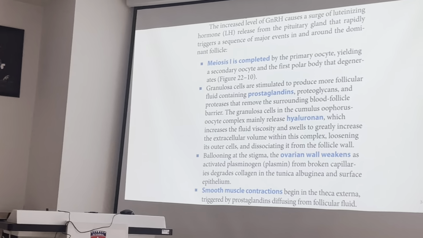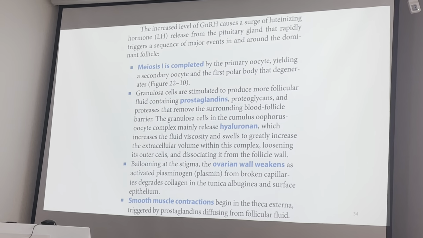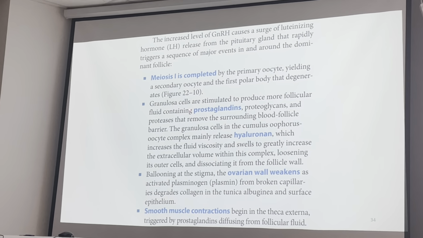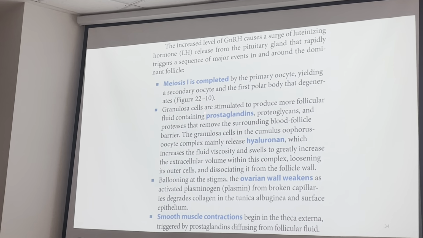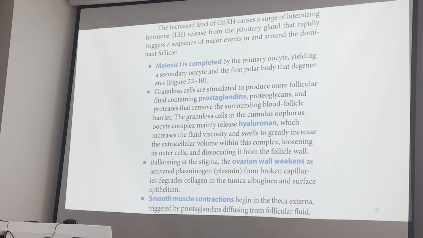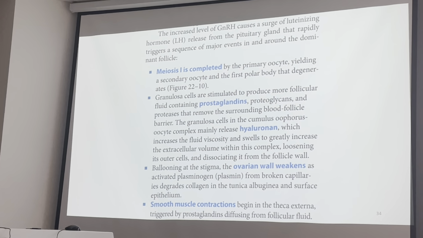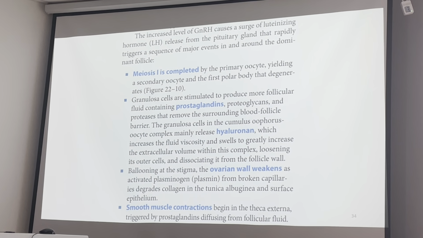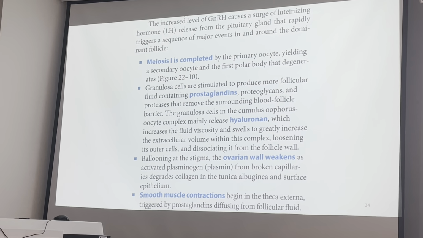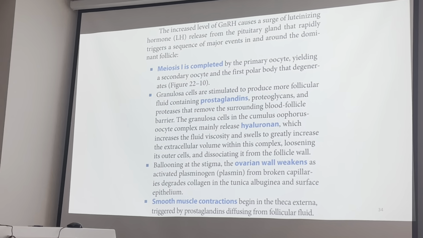Also here you can see before ovulation we have the meiosis 1 completed stage, and also you can see the granulosa cells start to produce prostaglandin, and this prostaglandin has a role in ovulation, and ovarian wall weakening also has a role in this function, and smooth muscle contraction has a final role in ovulation. But the main role is related with the LH increase.